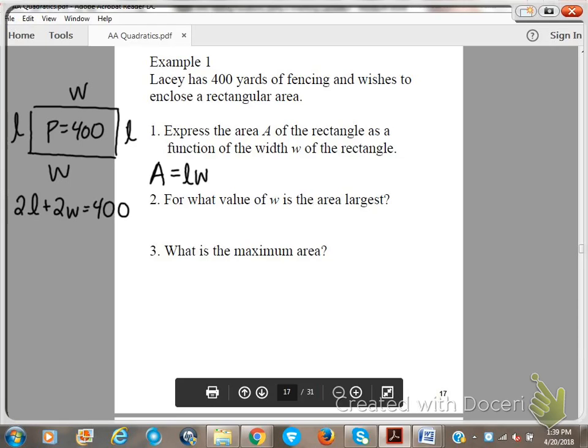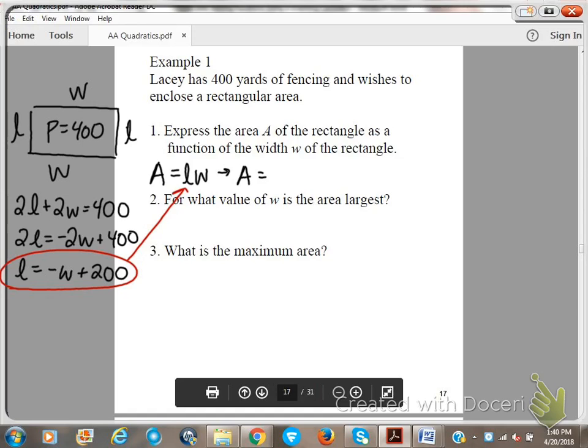Carly, to get L by itself, what would you move first? Move the 2W. So we have 2L equals negative 2W plus 400. And Will, how would you get L by itself after that? Well, it says 2 times L. Divide by 2. So you'd have L equals negative W plus 200. So now we'll take that and plug it in up here.